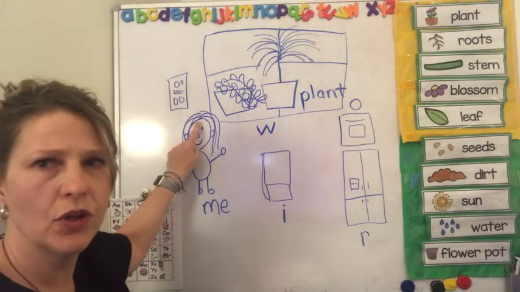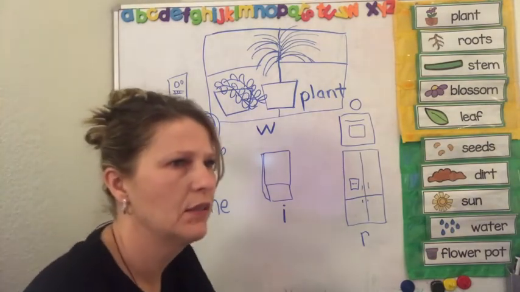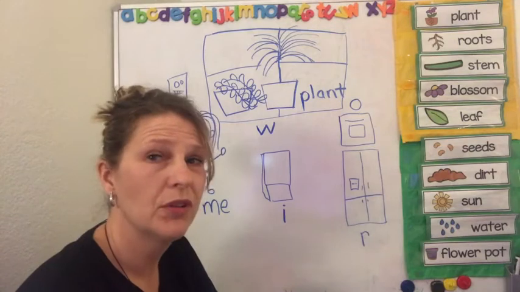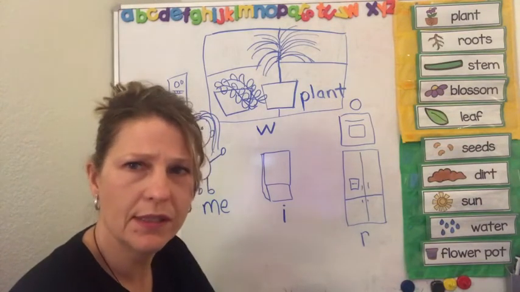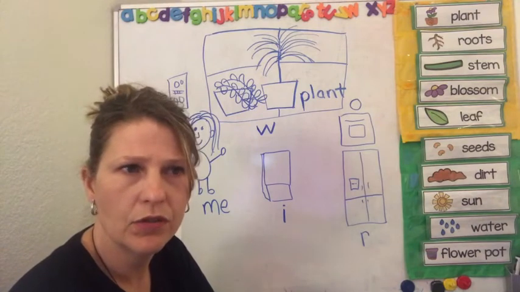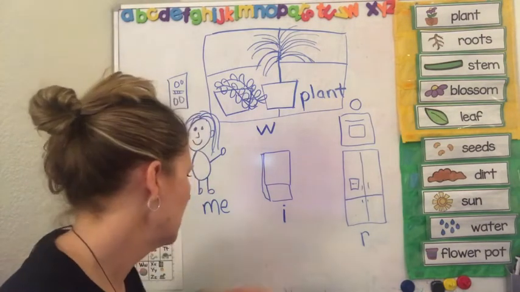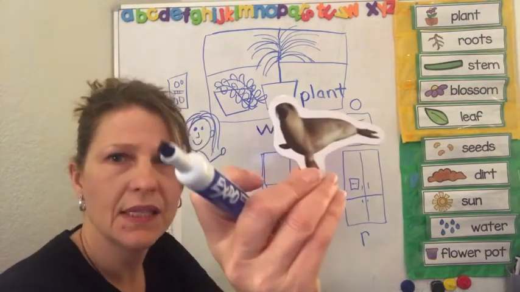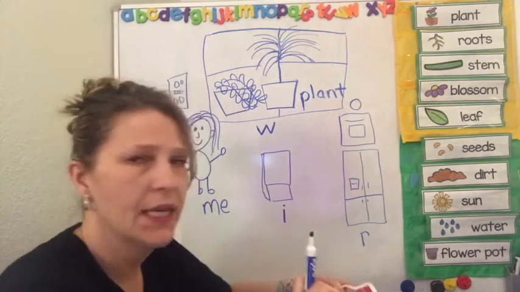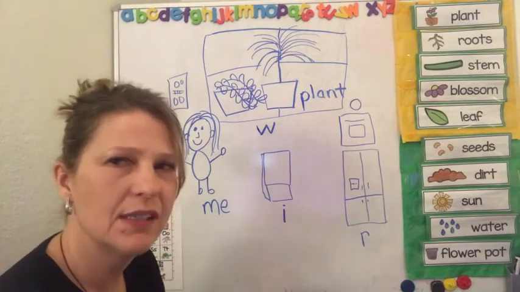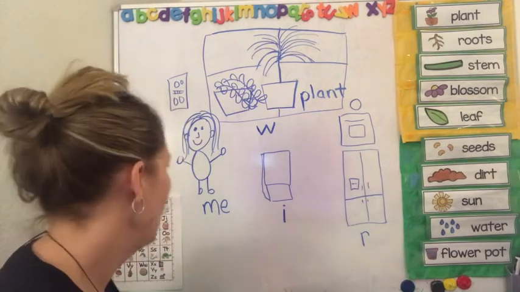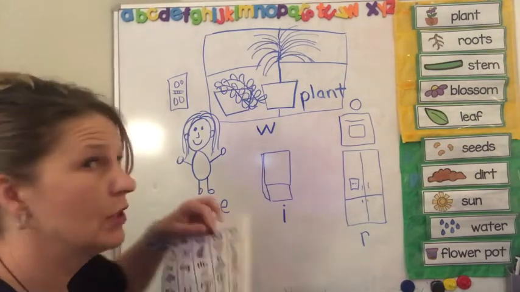Oh, there's one more thing over here. I have stove. Let's say stove. Stove. Oh, there's only one syllable, stove. But let's see what sound we hear at the beginning. Can you say stove? All right, stove. That's like seal and sock has that S. So what letter is that? You're right. And I forgot about this, and you could be using this too.